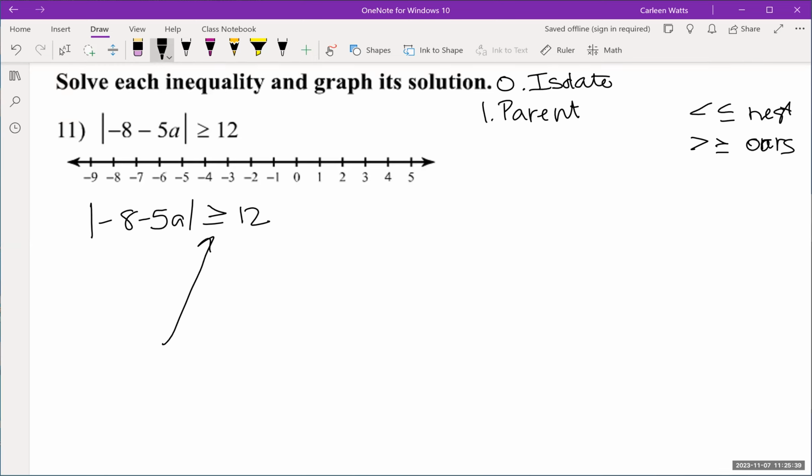So then we see that greater than or equal to is oars. Less is nest, more is oar. So it's going to have filled in dots and it's going to go out.